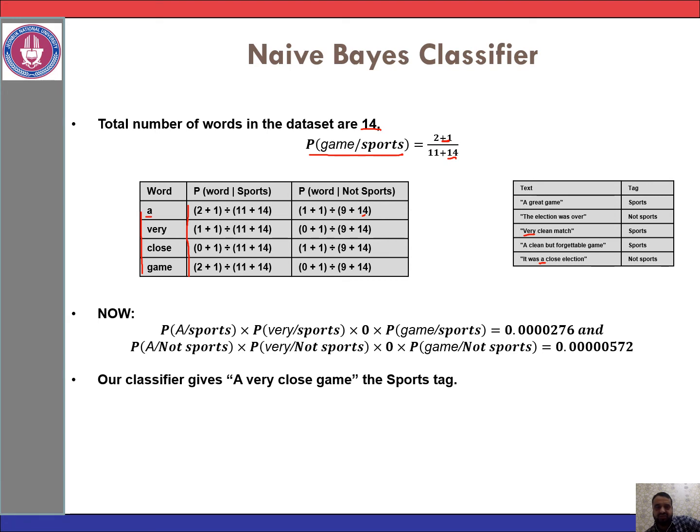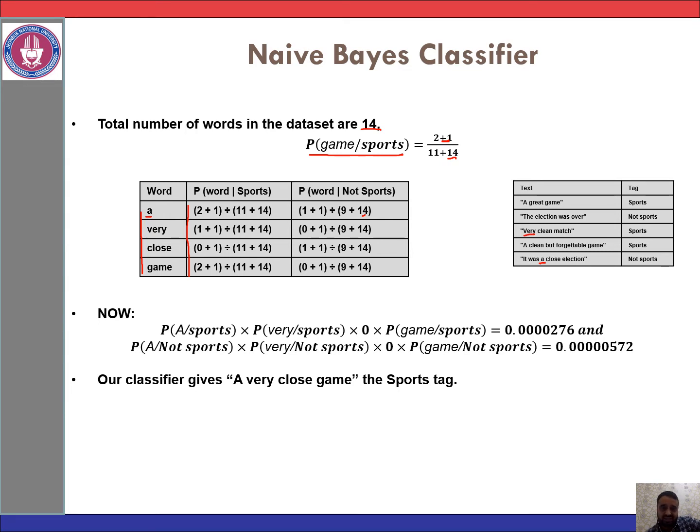Very is nowhere in the non-sports tag, so 0 plus 1 divided by 9 plus 14. Similarly, close is repeated just once, so 1 plus 1 divided by 9 plus 14. And there is no game word under the non-sports tag, so it is 0 plus 1 divided by 9 plus 14.